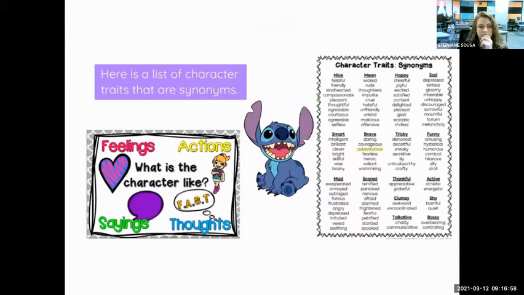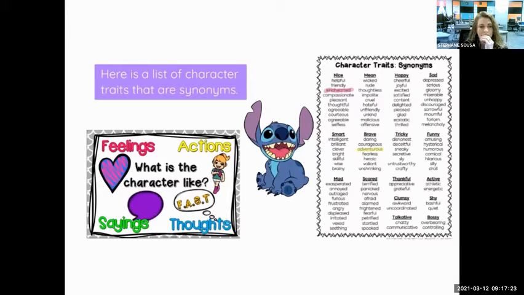If I was to look at his feelings, I would definitely say that Stitch is very, very kind-hearted. He cares deeply for his family and the people that he lives with.